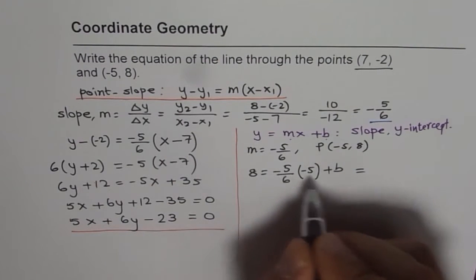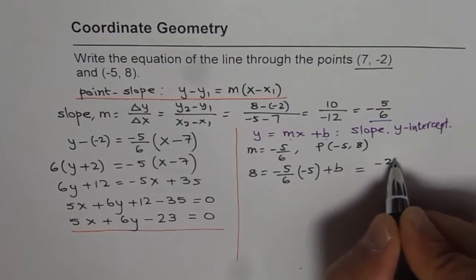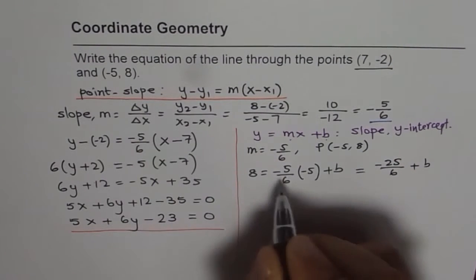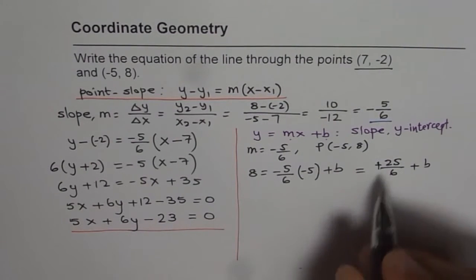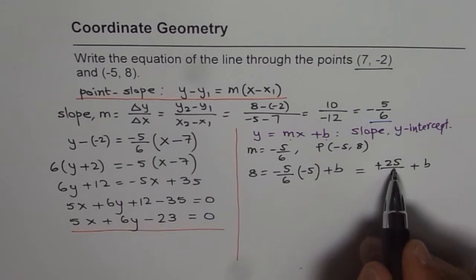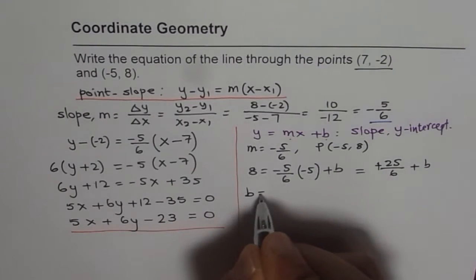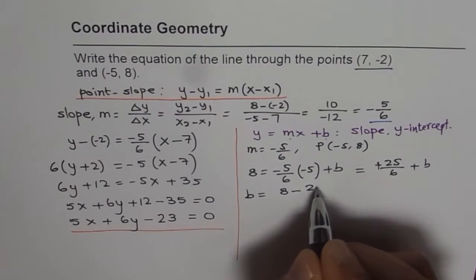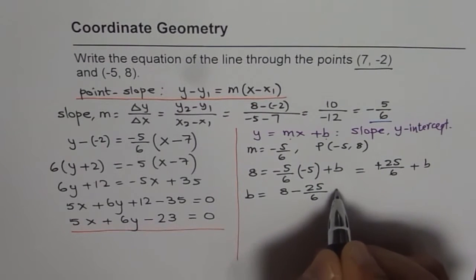Let me rewrite this first. It is minus 25 over 6 plus b. Minus minus becomes plus, actually plus 25 over 6. So to solve for b, we'll take it to the left side. So b equals 8 minus 25 over 6.